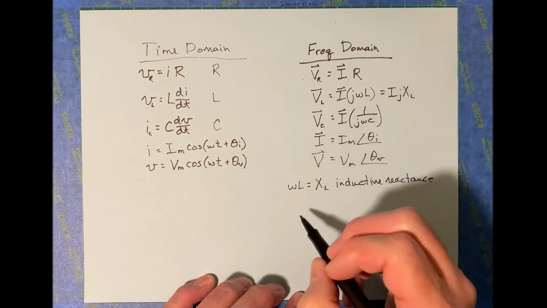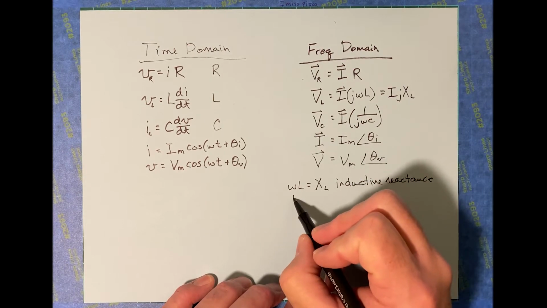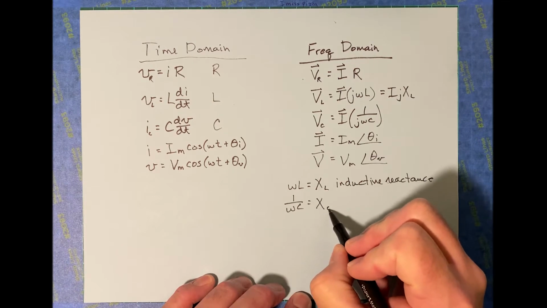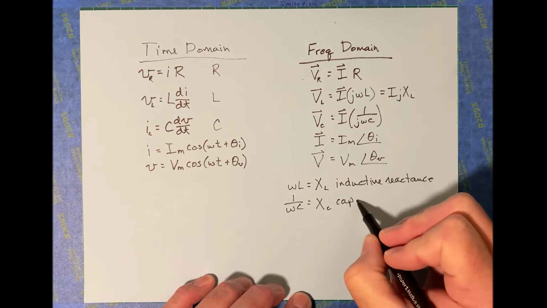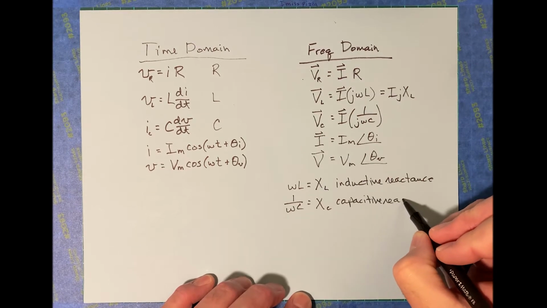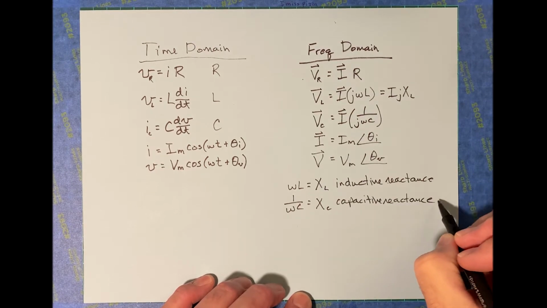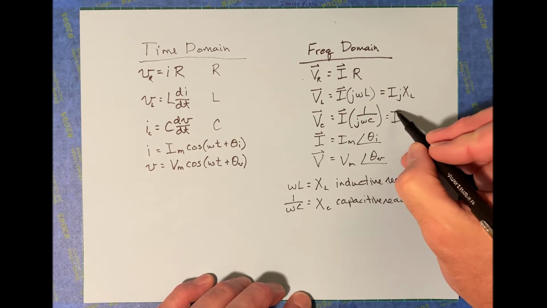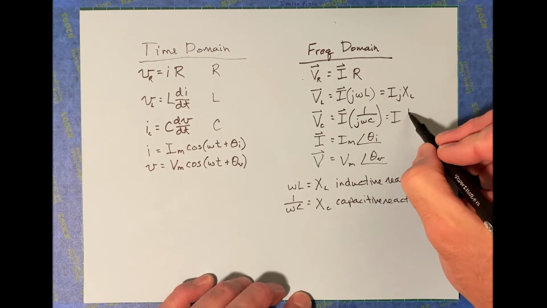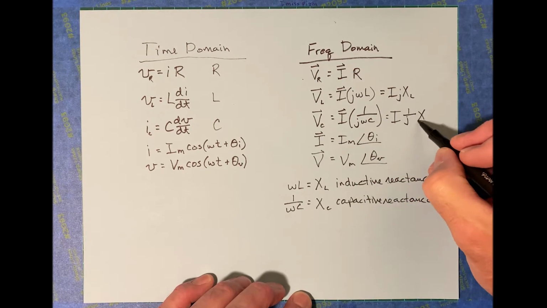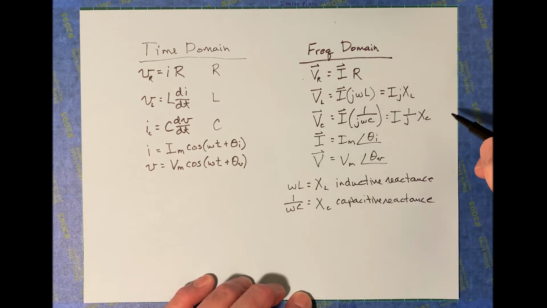That would be one way to write that. And the 1 over omega C, that's called the capacitive reactance. And we could write this as I times 1 over j times X sub C, like that.